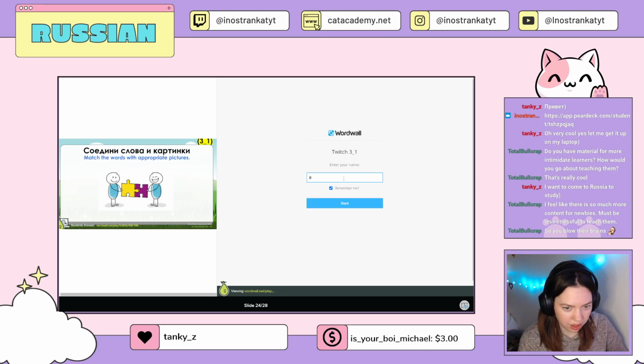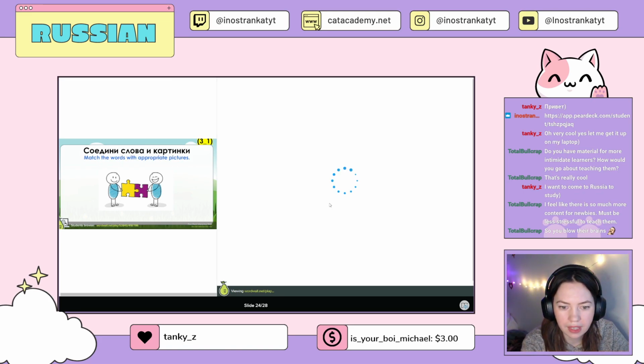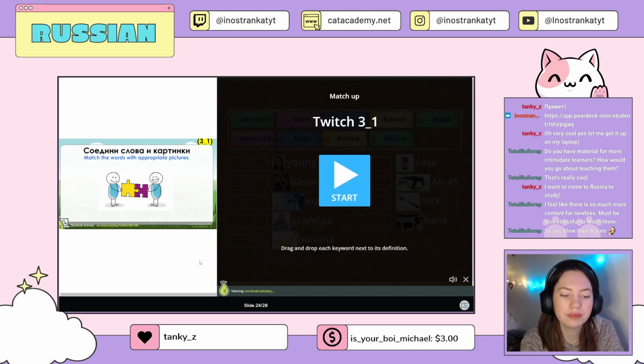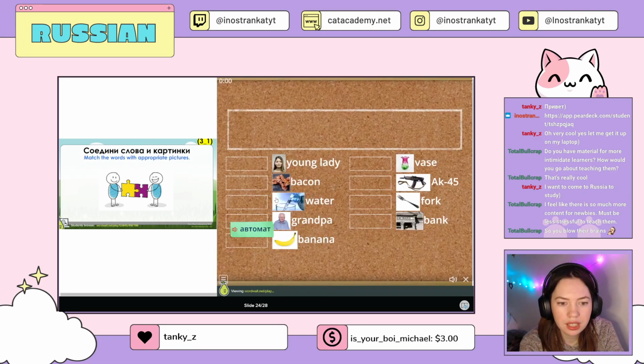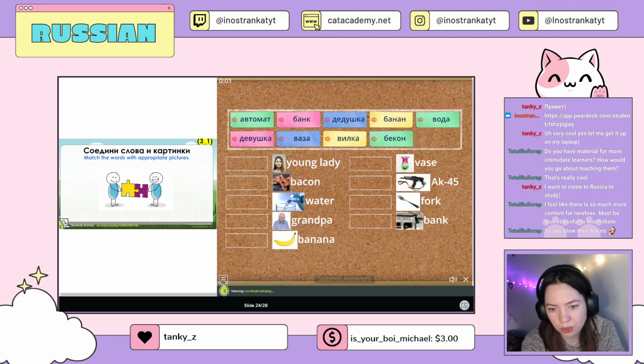I will write here in Russian. Start. So we have all of the words that we learned today and a couple of lessons before, and here we have the words. We need to match them with the pictures.